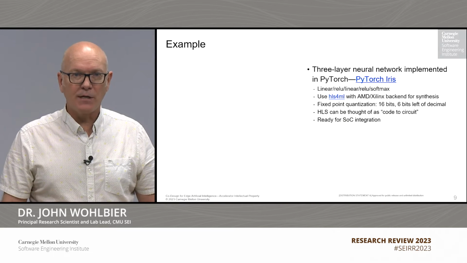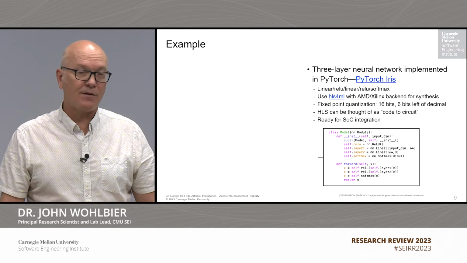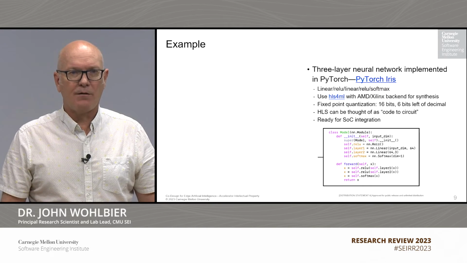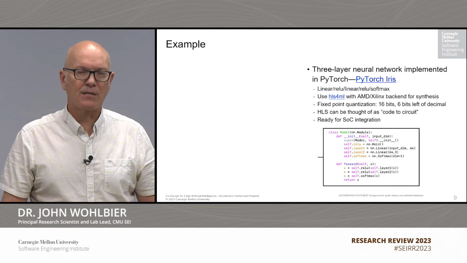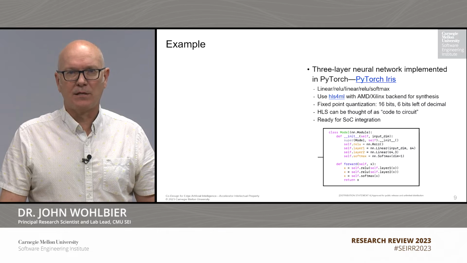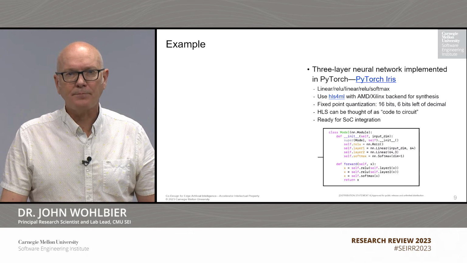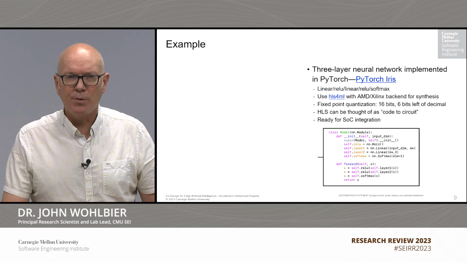So the network itself is a linear layer followed by a rectified linear unit, or ReLU, followed by another linear layer, then a ReLU, and then finally a softmax. So it's a 3-layer neural network, and it's about as simple as you can get. Looking at the code down below, you can see all those components.